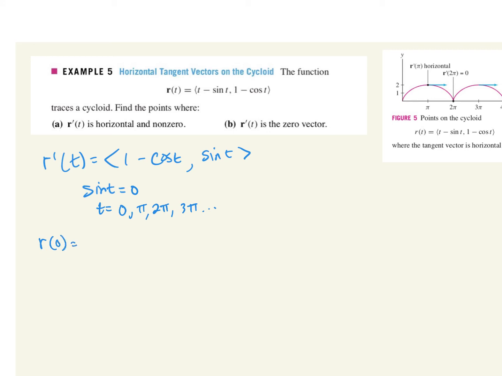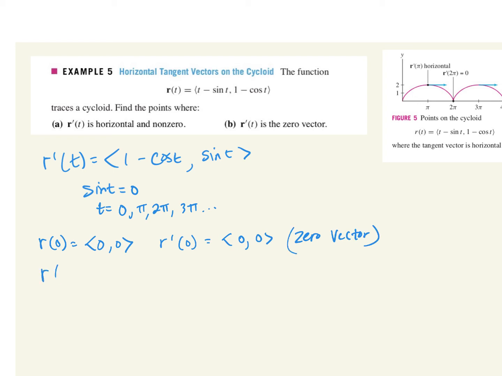So r of 0, if I evaluate from the original vector, 0 minus sine 0 is 0. 1 minus cos 0 is 0. And the derivative at 0, 1 minus cos 0 is 0, comma, sine 0 is 0, is also 0. So that is causing a 0 vector.